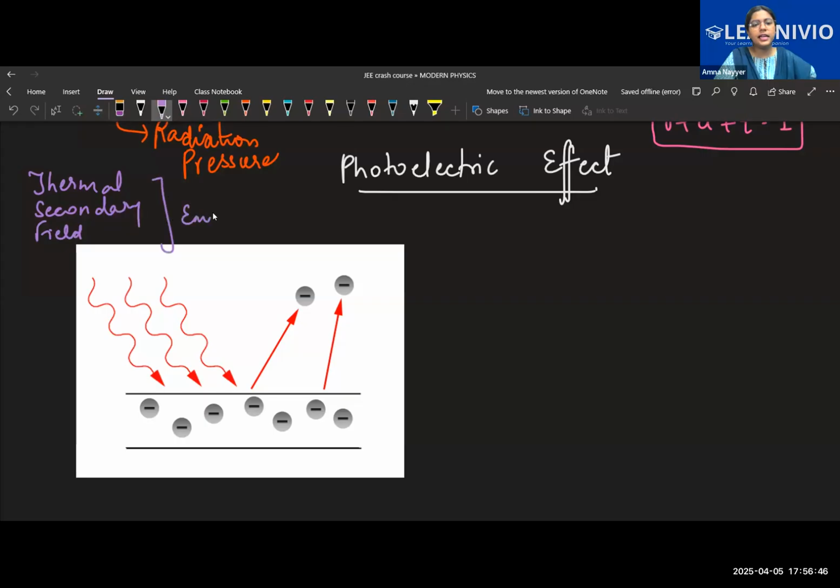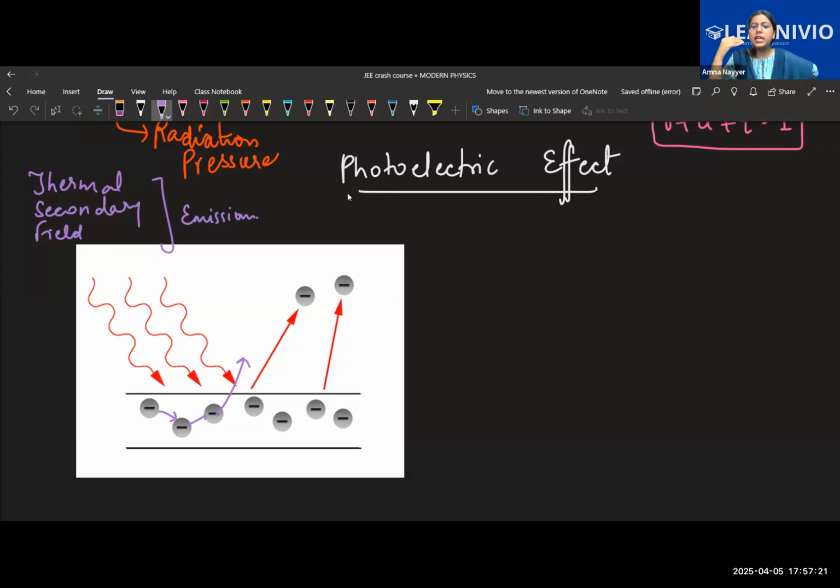These are the three types of emissions, apart from photoelectric emission. Thermal means heat rays are falling, they are allowing the electrons to get ejected. Secondary means the electron was not supposed to get out, but since the electrons keep on colliding within the surface of the metal, their collision can lead to ejection of an electron. This is called secondary emission. Field emission means cold cathode rays producing an electric field are allowing the electrons to be ejected. So these are the different types of emissions.